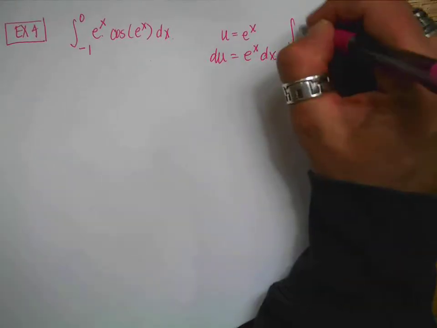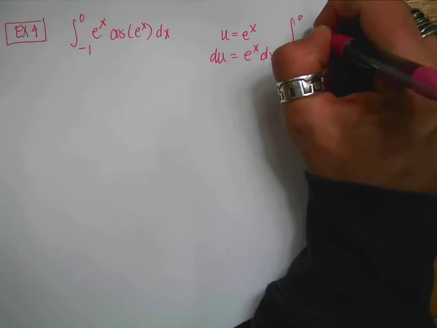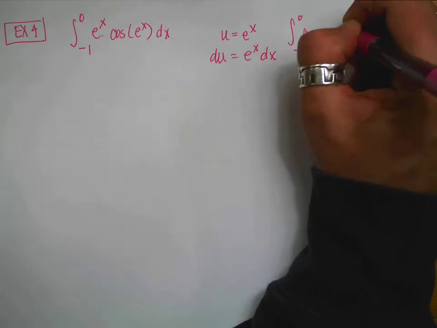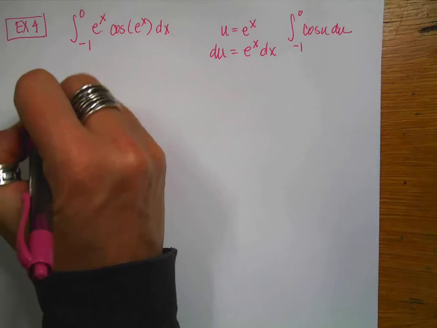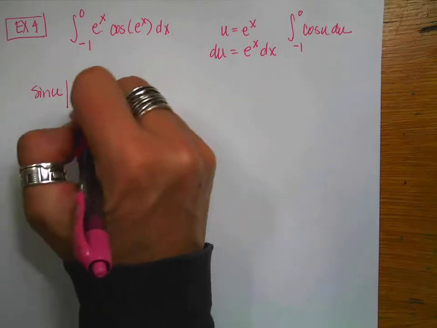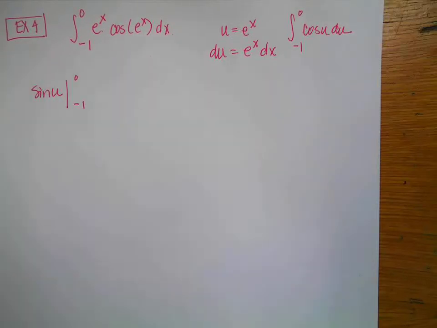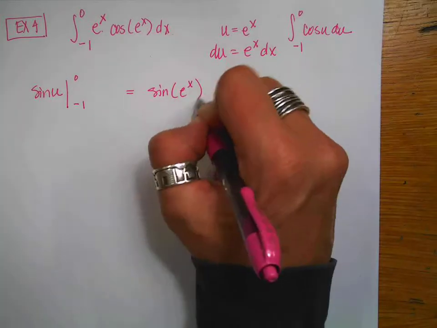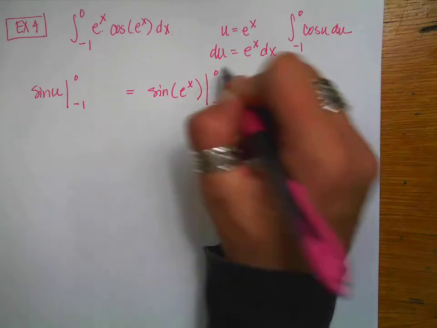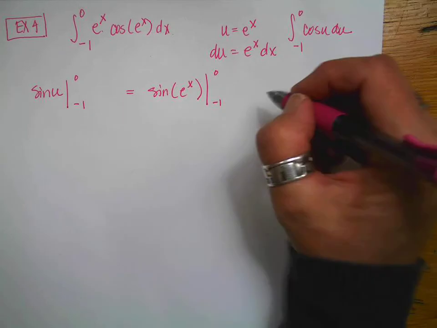So I'm going to have the definite integral from negative 1 to 0 of the cosine of u du. And so the integral of cosine is the sine of u evaluated from negative 1 to 0. So this is going to be the sine of e to the x evaluated from negative 1 to 0. Okay?